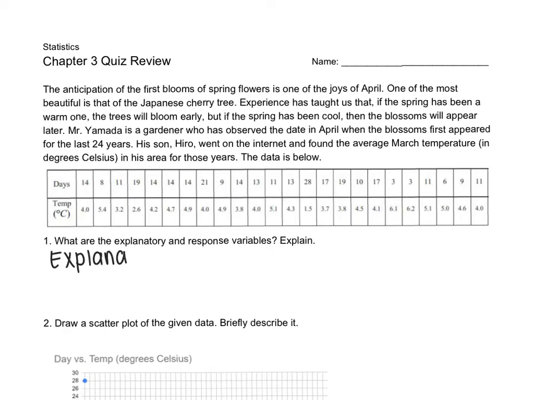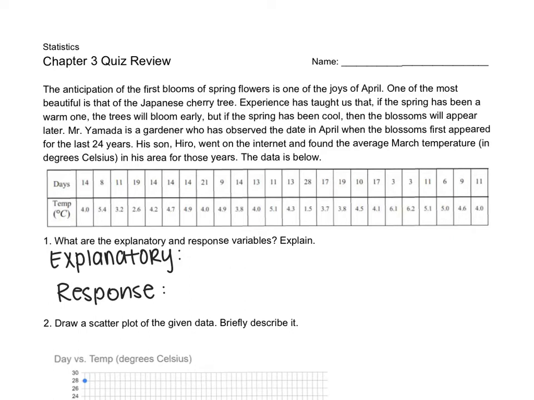So there are two ways you can go about doing this. You can look at your table, okay? But you can also take a look at the wording of the problem itself. If you look at the third sentence, it says, experience has taught us that if the spring has been a warm one, the trees will bloom early, but if the spring has been cool, then the blossoms will appear later.